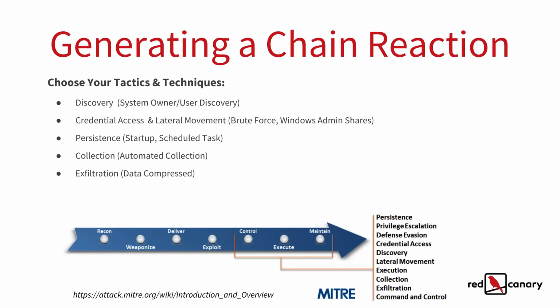On the next slide, the idea was we would create artifacts, which you'll find on the GitHub repo. Under artifacts is all the chain reactions. In this particular case, you want to perform some type of system discovery, find the system owners or different users on the box, perform some type of credential access or lateral movement, and persistence, collection, exfil. All of this executed with that one-time script generates lots of different telemetry trails within your environment.